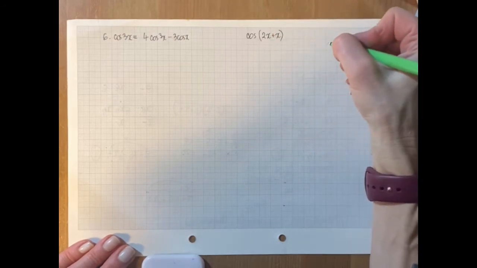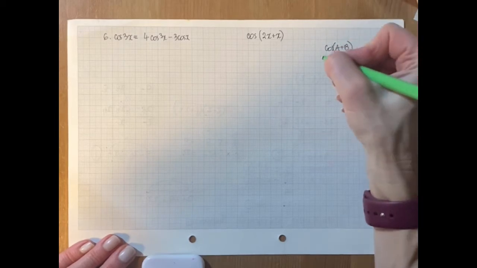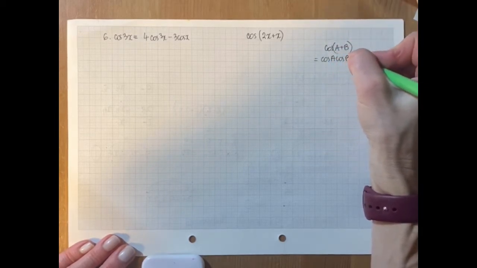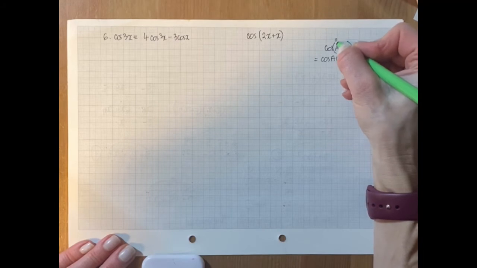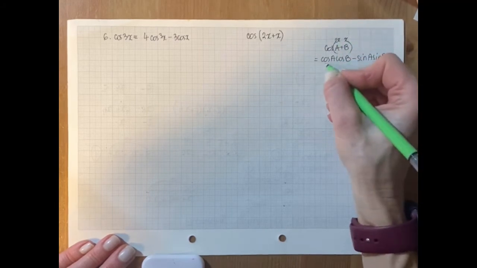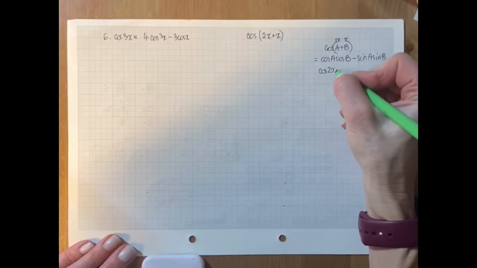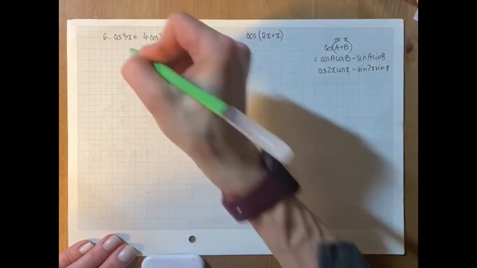And then you're going to use the cos A plus B addition formula, which is cos A cos B minus sine A sine B. But in this question, A is being replaced by 2x and B by x. So if you write this down, you will have cos 2x cos x minus sine 2x sine x. So that's your first mark.